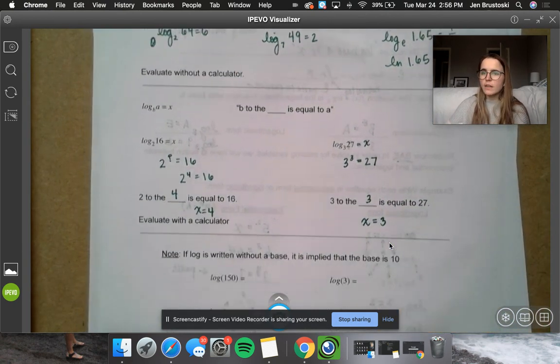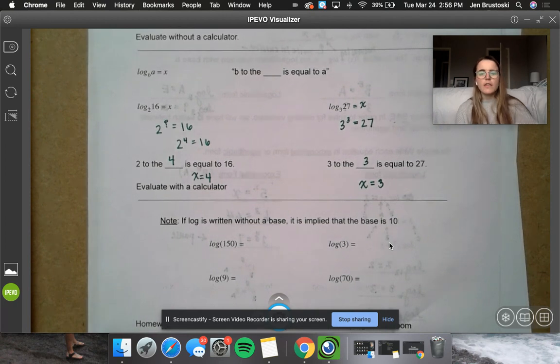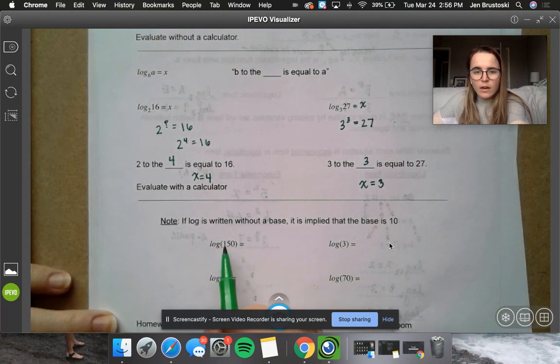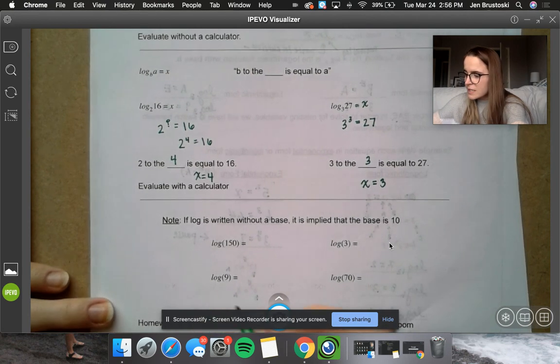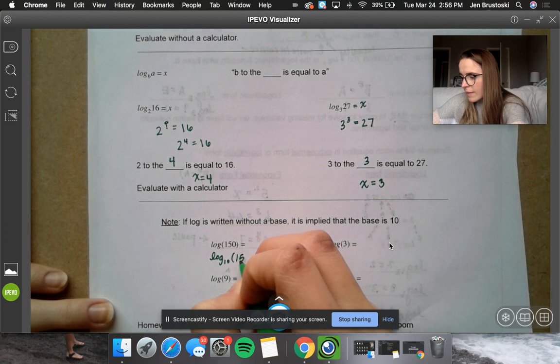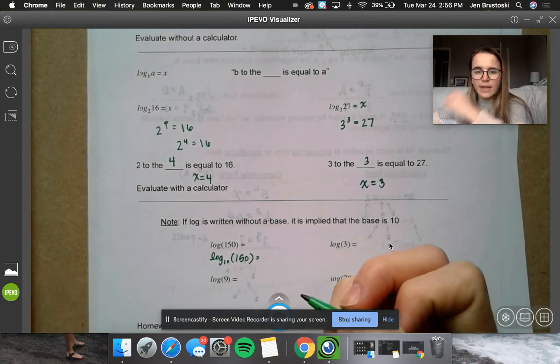Okay, with a calculator, super duper easy. The biggest thing you have to remember is that when we don't have a base, so we just have log of 150, we don't have a base at all. It's assumed that this is log base 10. So we don't have to type in the 10, it's automatically there.